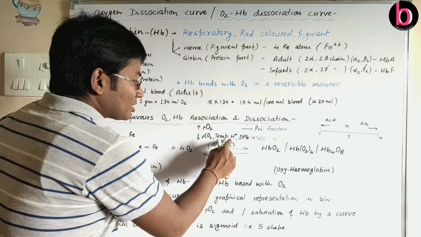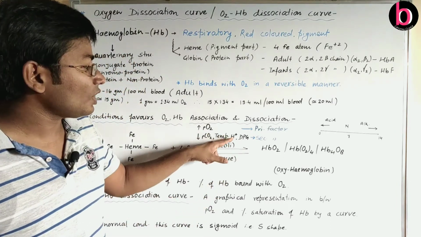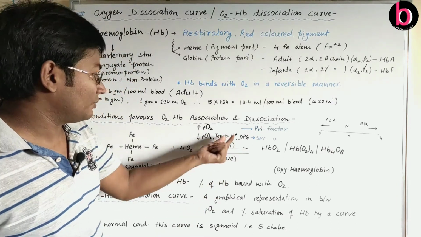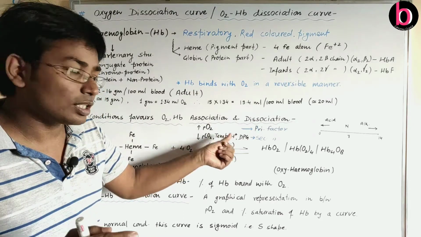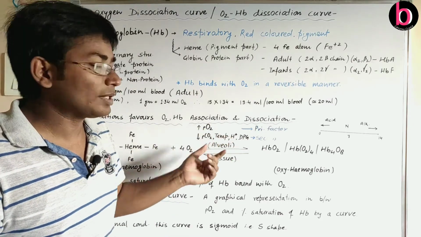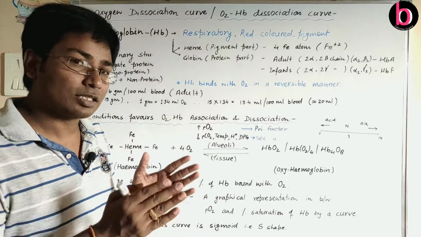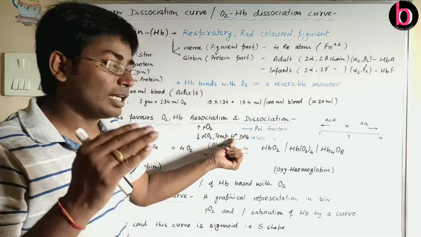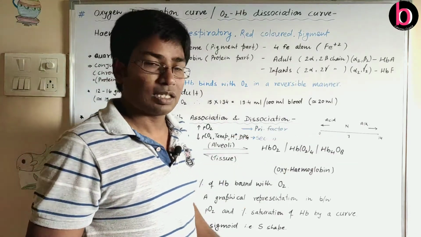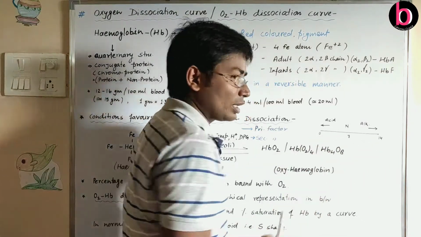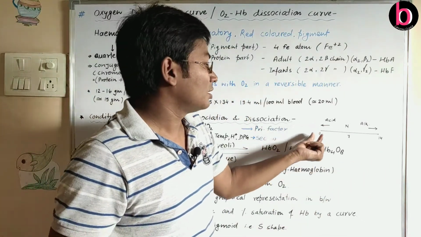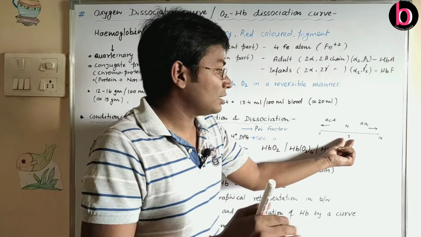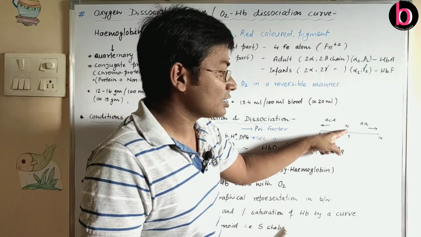Now with respect to this H ion, we are saying that when H ion concentration is low, at the same time there may be a question like pH. So pH is high. Here it is given as 0 to 14. This is the pH scale. 7 is neutral, so here pH is neutral.